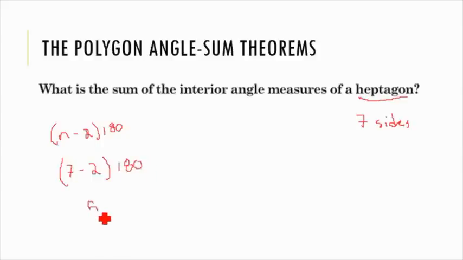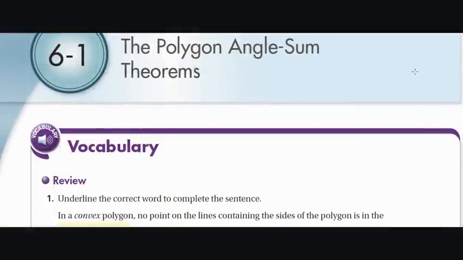So I'm going to end up with 5 times 180, which equals 900. Therefore, that is the total sum of the interior angle measures of a heptagon. Don't forget, 900 degrees.